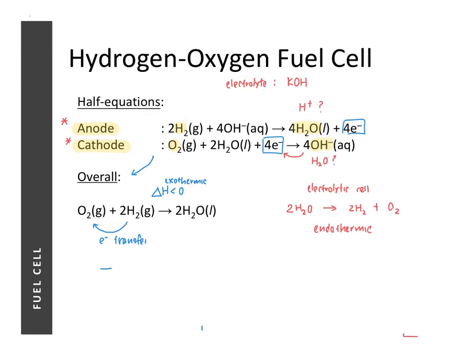So the hydrogen will transfer its electrons to oxygen through the external circuit, and the result of this is that it produces an electrical current.